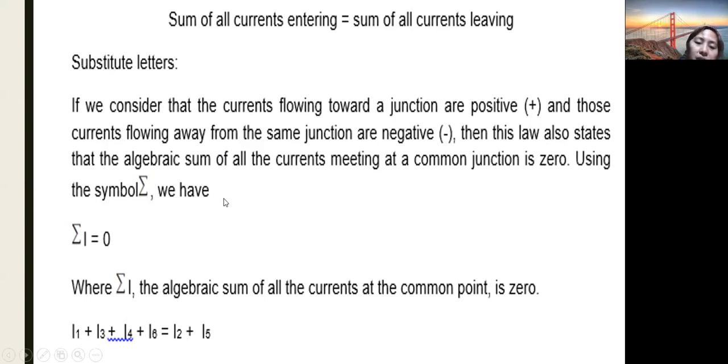Using the symbol sigma again, we have the sum of the currents is equal to 0.